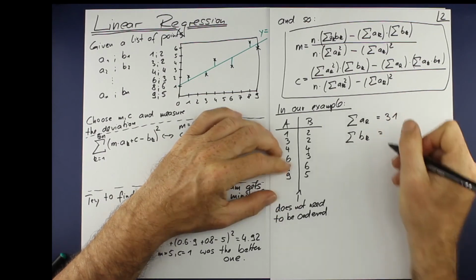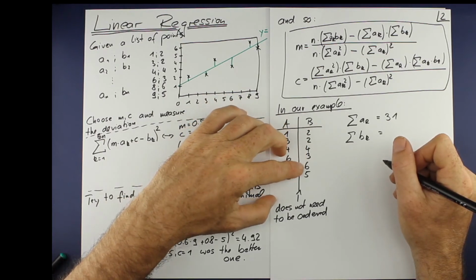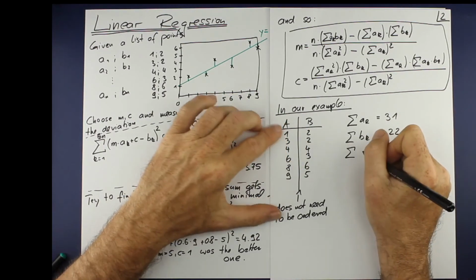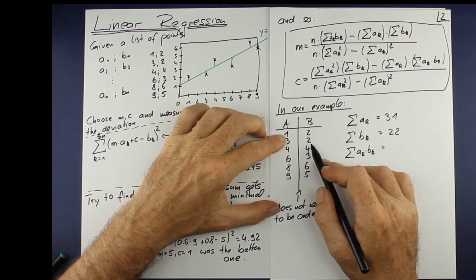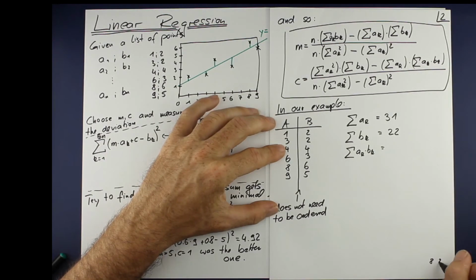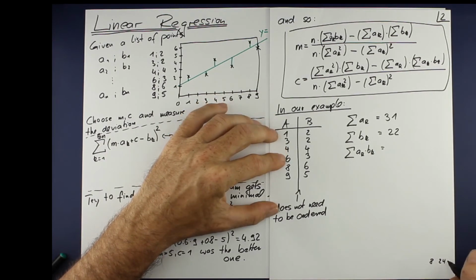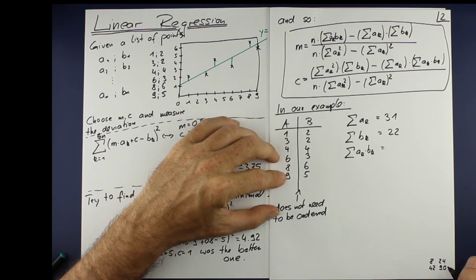The sum of the BK: 2, 4, 8, 11, 17, 22. Then the mixed products: 2 plus 6 is 8, plus 16 is 24, plus 18 is 42, plus 48 is 90, plus 45 is 135.